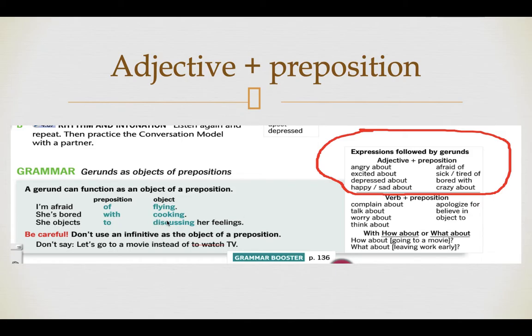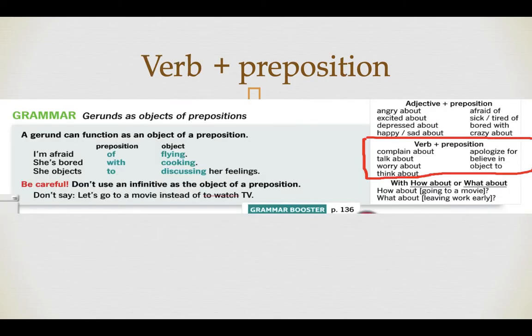She's bored with cooking. Bored is an adjective. Down here, it's almost the same thing. These are just verbs, a slight difference: complain about, talk about, worry about, think about, apologize for, believe in, and object to. The example here: she objects to discussing her feelings. Same thing, always using a gerund in the ing form.